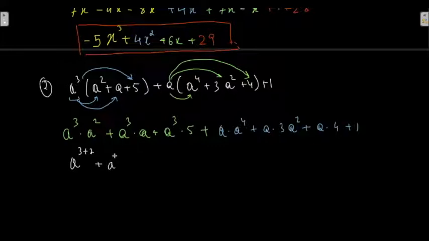So it becomes a raised to power 3 plus 1 plus 5a cube plus, again it is a raised to power 1 plus 4 plus it is 3 into a raised to power 1 plus 2.